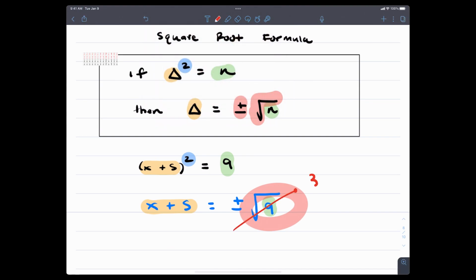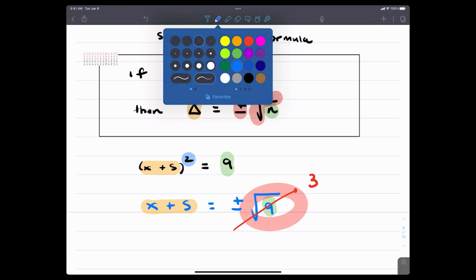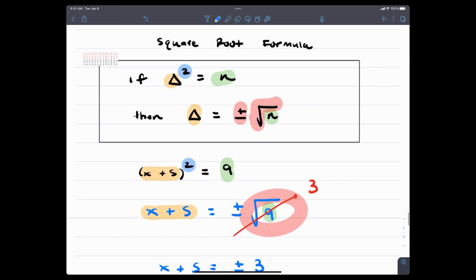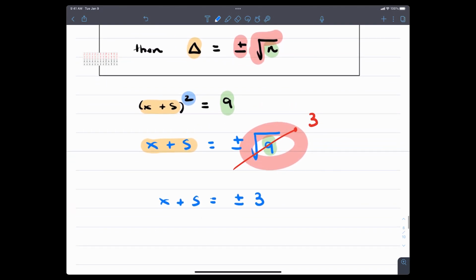That's now going to be 3. Is that true? So x plus 5 becomes plus or minus what number? Plus or minus 3. Okay, so far so good. Isn't this the square root formula we just did right here?